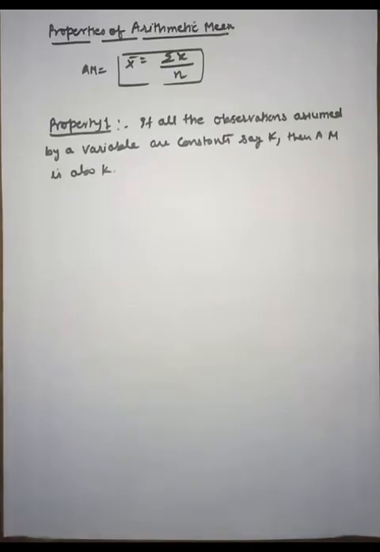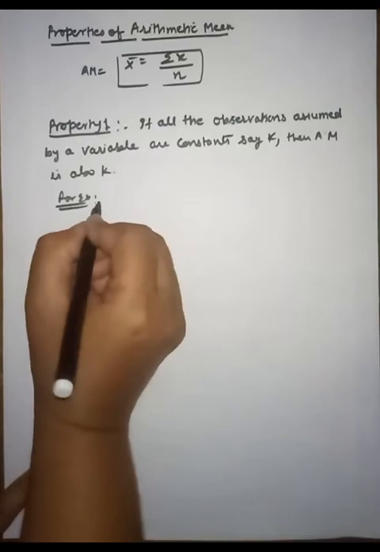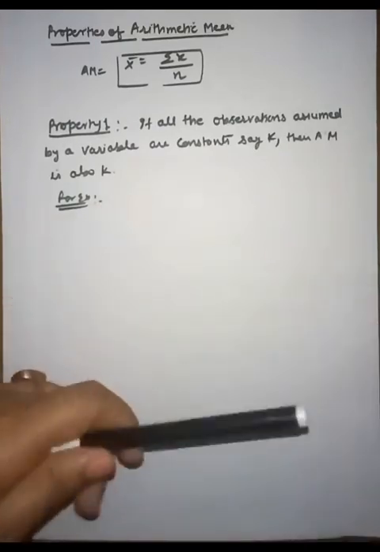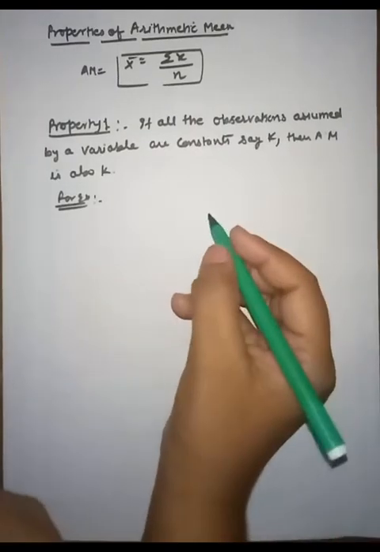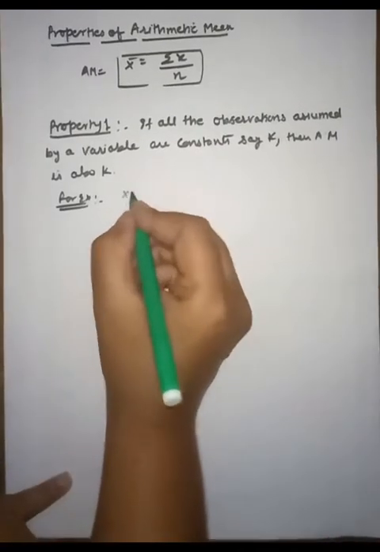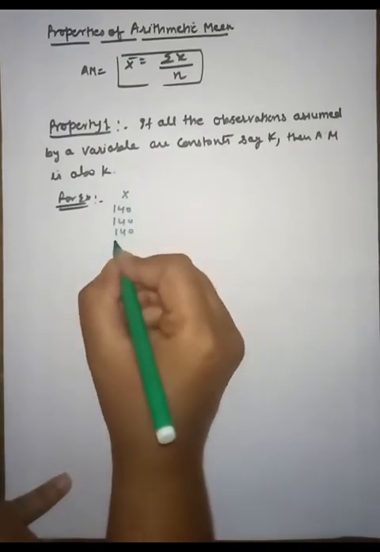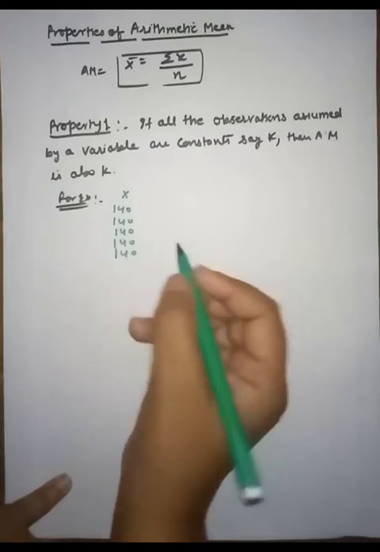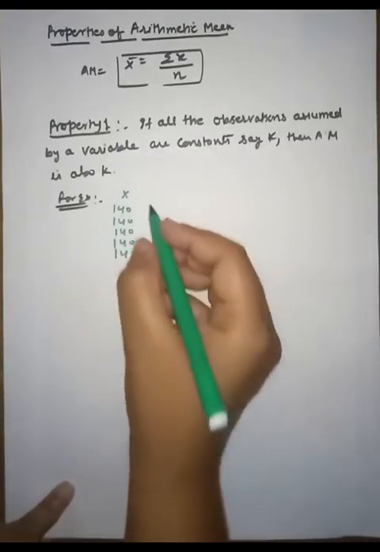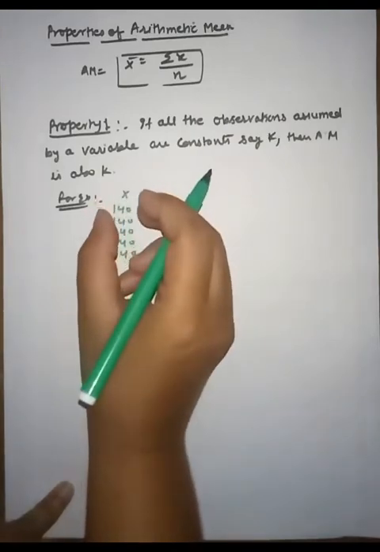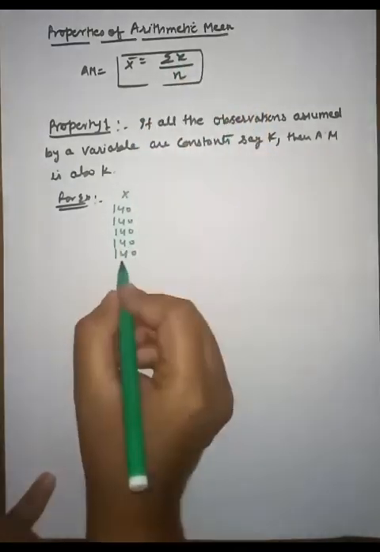Right friends? For example, I have taken one example. Suppose a group of 5 students, the average student's height is around 140 centimeters. I have taken 5 students and all the students' height is 140. Now find the arithmetic mean of this. So how? Find the summation of x.